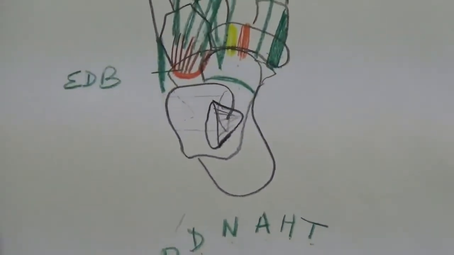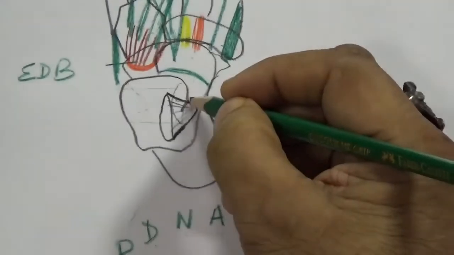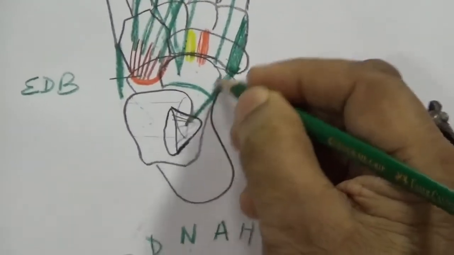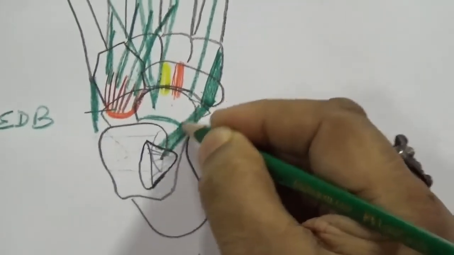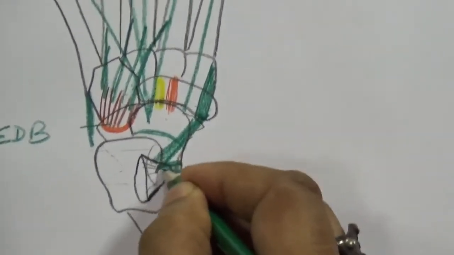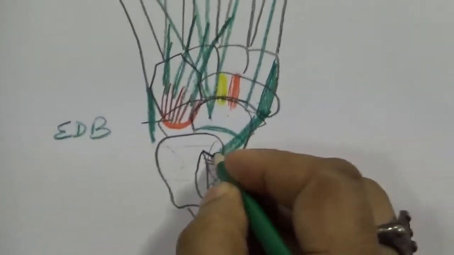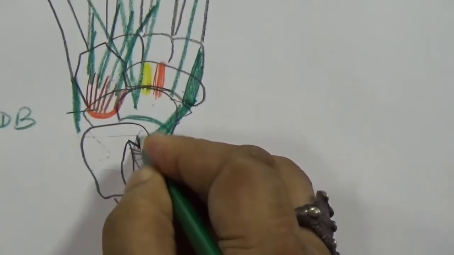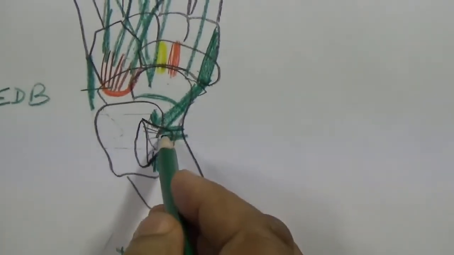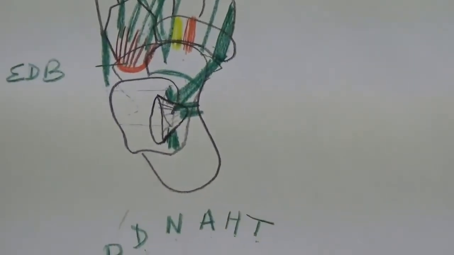So you have the deltoid ligament, which has got a superficial part. The superficial part is tibio-navicular, tibio-calcaneal, and posterior tibiotalar. Anterior tibiotalar part is the fourth part, which arises from the medial malleolus and goes to the anterior part of the talus.